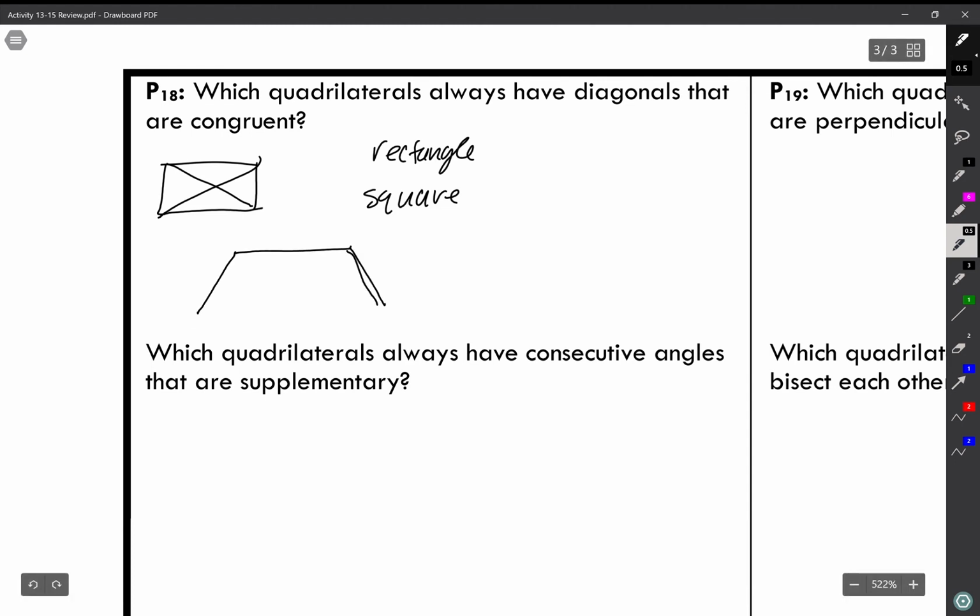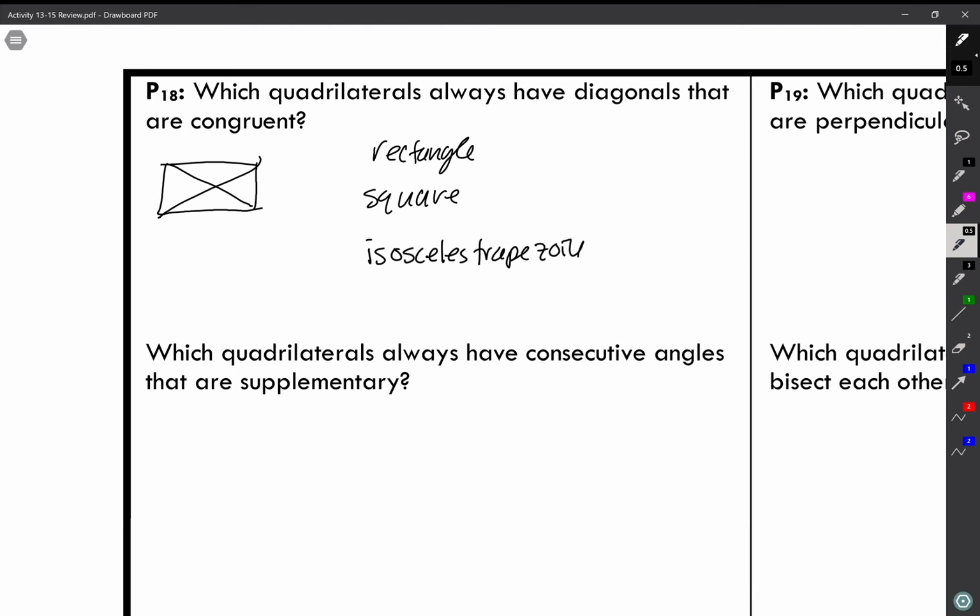I said a regular trapezoid wouldn't work. It's not always true, but in an isosceles trapezoid, which means the legs are congruent, the diagonals are also congruent. So that's cool. Wasn't expecting that. Isosceles trapezoid. If it asks questions like this, the easiest thing for me to do is to just draw out the figure and see what it looks like, okay?